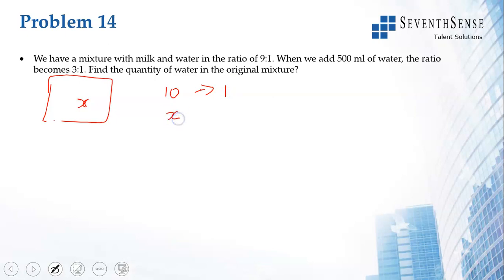In X part, how much do I have? I have 1 by 10 X. So in X part, my variable is, let us say, X by 10. Initially, I have X by 10 of water. Now I am adding 500 ml. So I add 500 ml.